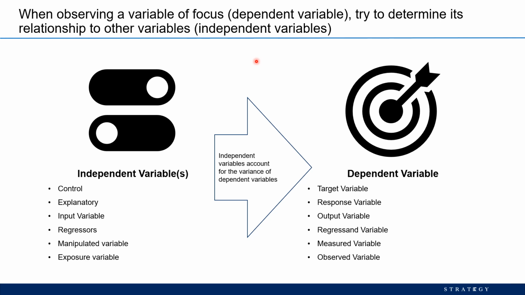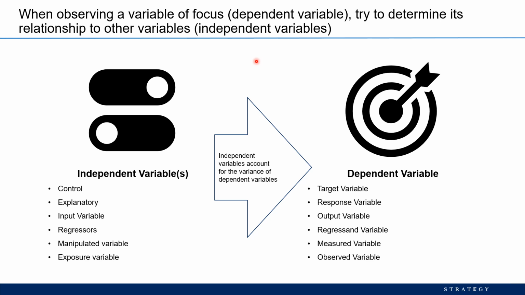I know this is super simple and super fundamental, but it still is important to be able to differentiate which variable is your target variable, your outcome variable, and also to be able to identify what your inputs are.